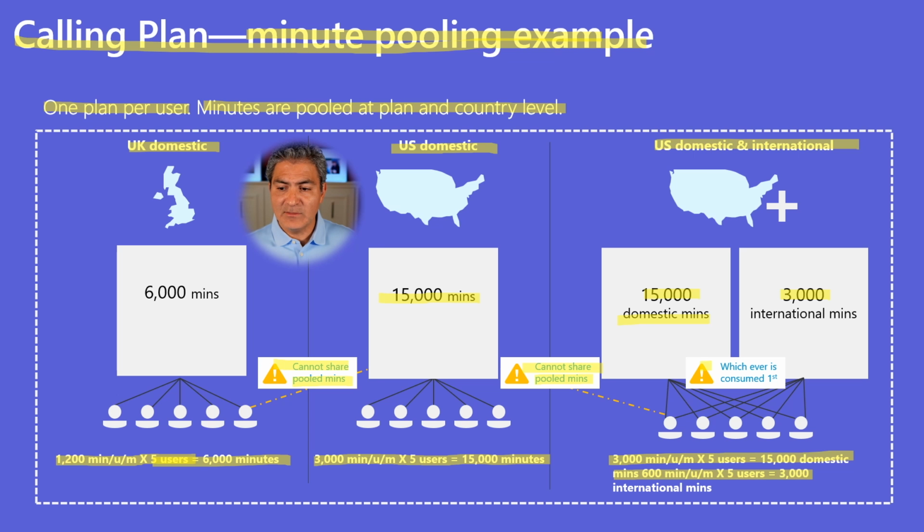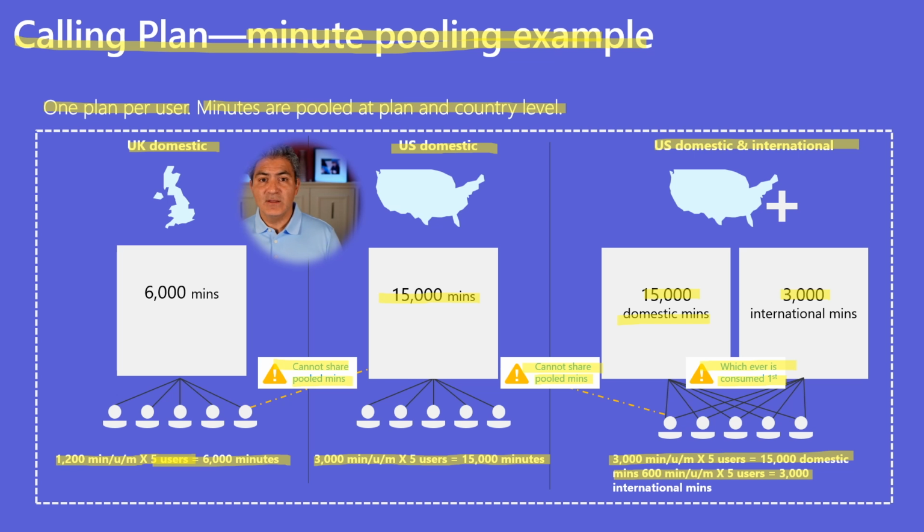So that's an additional caveat with the international plan in that if you have 3,000 pooled international minutes and 15,000 domestic minutes, if you end up going to 3,001 minutes, even if you have 15,000 minutes left on the domestic, your plan is done, and you start using communication credits. Okay, so that's something to be aware of.